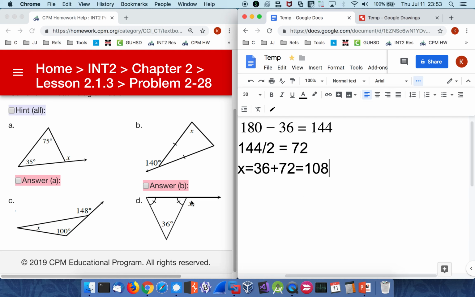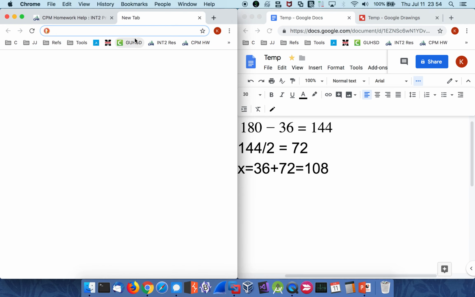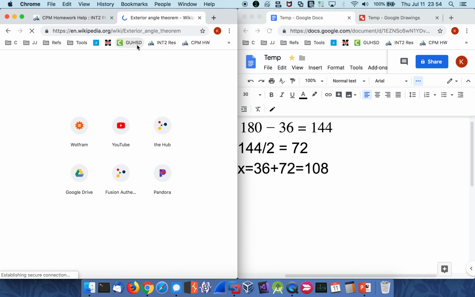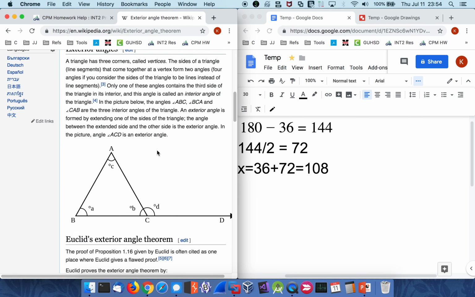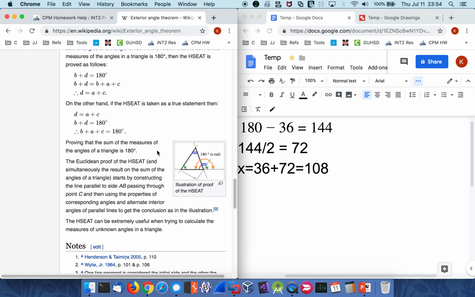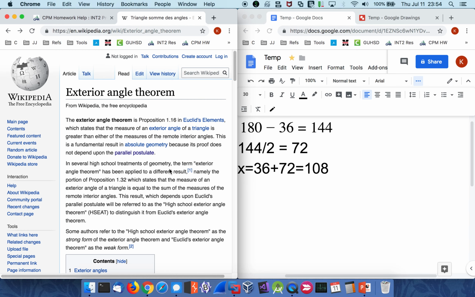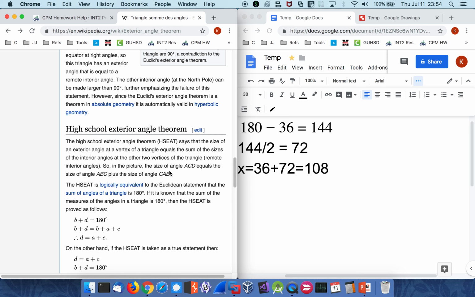All right, and there we have it. So this exterior angle theorem sounds pretty important to know. Let's see. Oh, that's not a very good image. Yeah, here we go. The high school exterior angle theorem says that the size of an exterior angle at a vertex of a triangle equals the sum of the sizes of the interior angles at the other two vertices of the triangle, the remote interior angles.